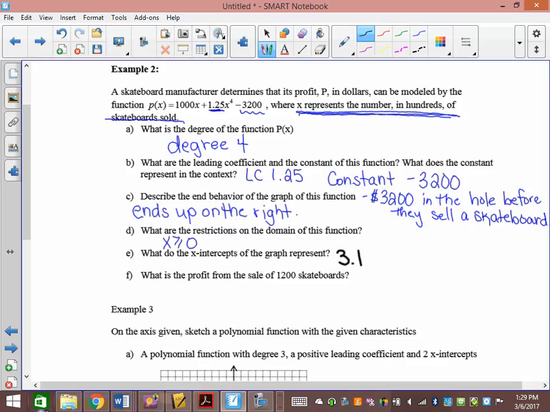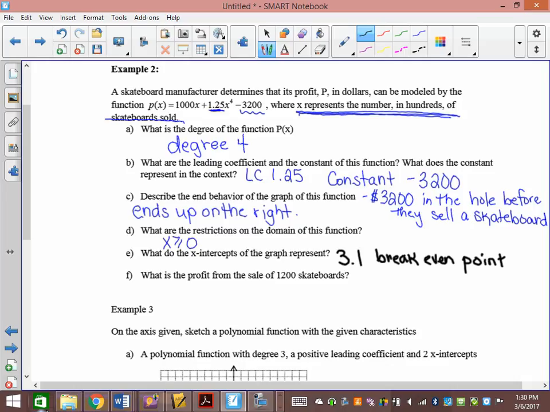Now, if I wanted to round it to actually break even, I'd have to go 311 or whatever it would be, right? This is the break-even point. So this is rounded at this point. So at 311 or 310 skateboards is when I would just make no money, right?